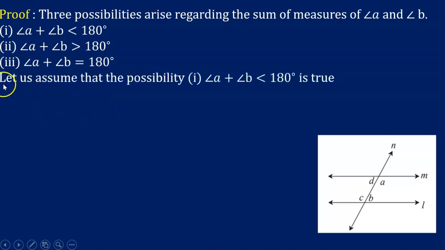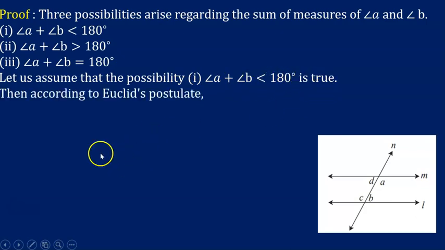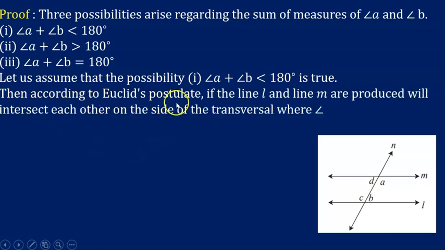Now first, let us assume that the first possibility, the measure of angle A plus the measure of angle B is less than 180, is true. Then what will happen? According to Euclid's postulate, if the lines L and M are produced, they will intersect each other on the side of the transversal where angle A and angle C are formed.